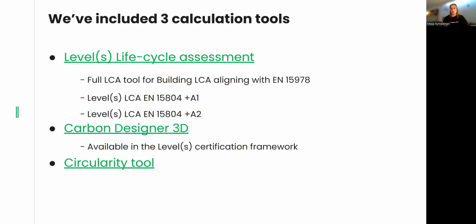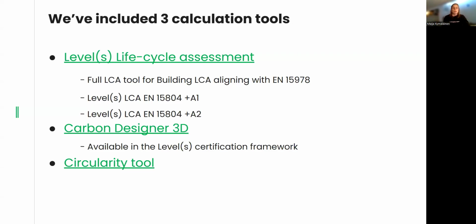But there's also some data gaps that might happen if you only use +A2 data. Unfortunately, it's not possible to mix these two, so you have to use either one. I suggest you go for the newer one, of course. But if you think that you can't find enough information there, then you can, of course, use the +A1 tool as well.